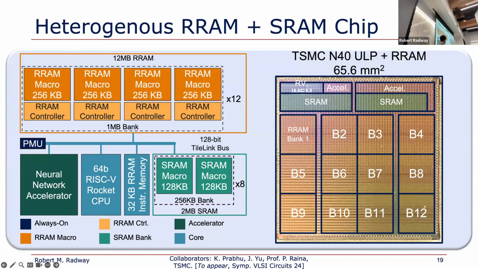So the SRAM is effectively what's called a double buffer, for both the inputs and the outputs of each layer. So we don't need 2 megabytes for the BERT and other transformer models that we were looking at for just the inputs and outputs. You only need, I think, like 100 kilobytes, something like that. But you do need 2 megabytes in order to do the training techniques, which I'll briefly touch on.